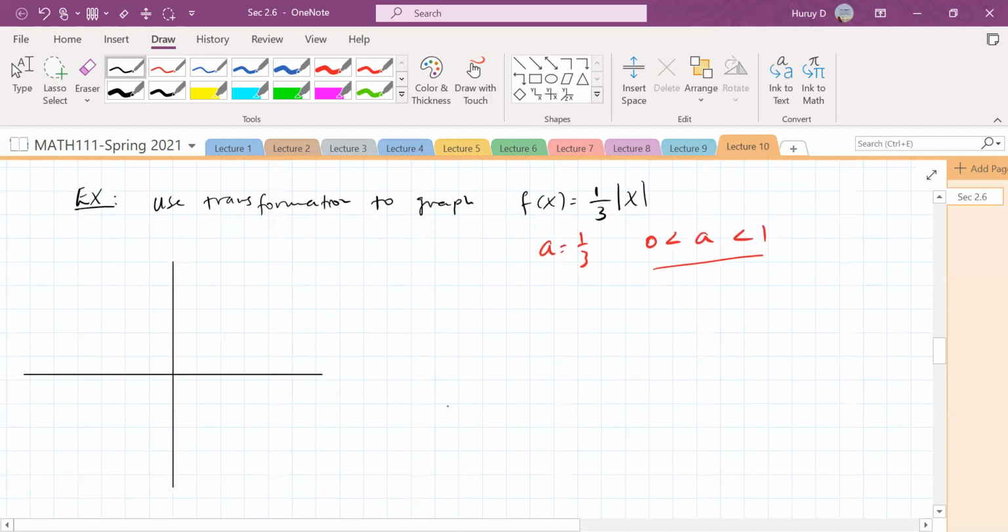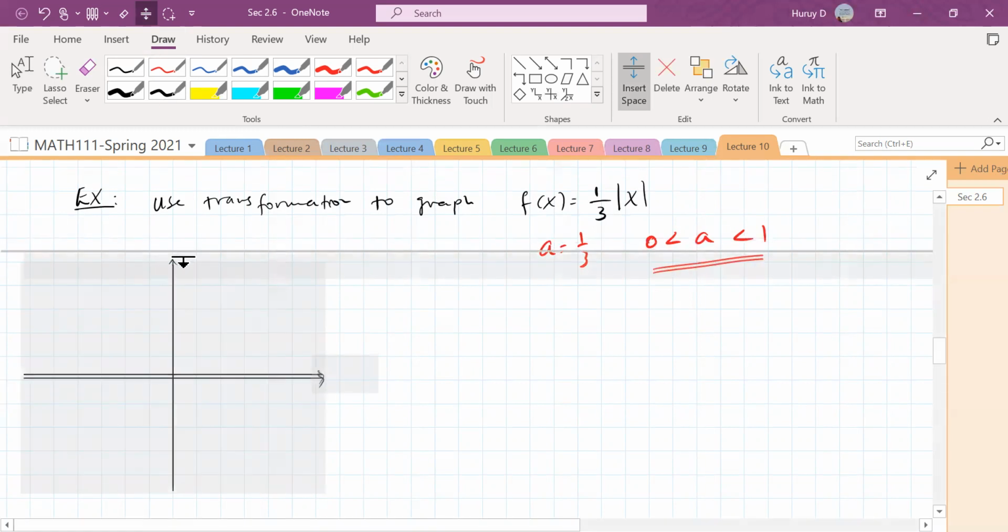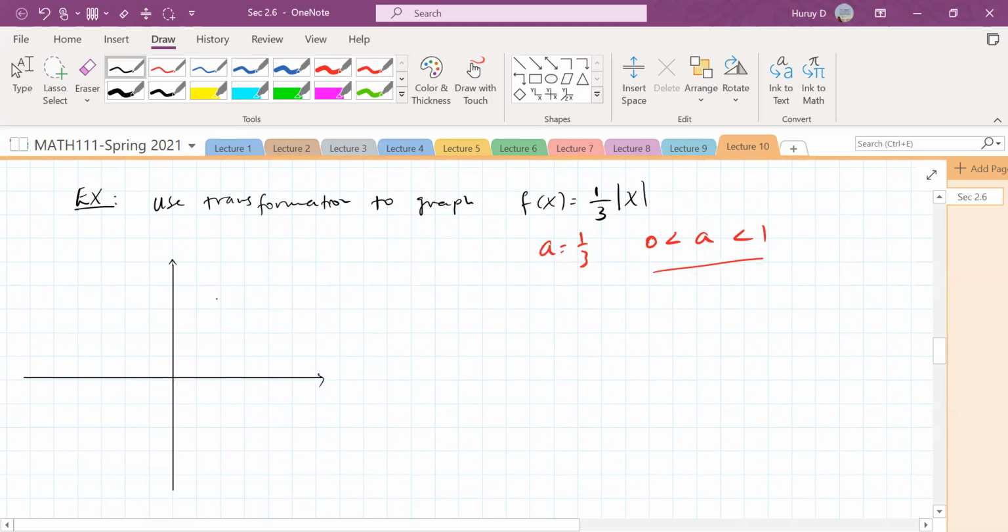Okay. Now, let me upload the parent function, and that one is something like this.